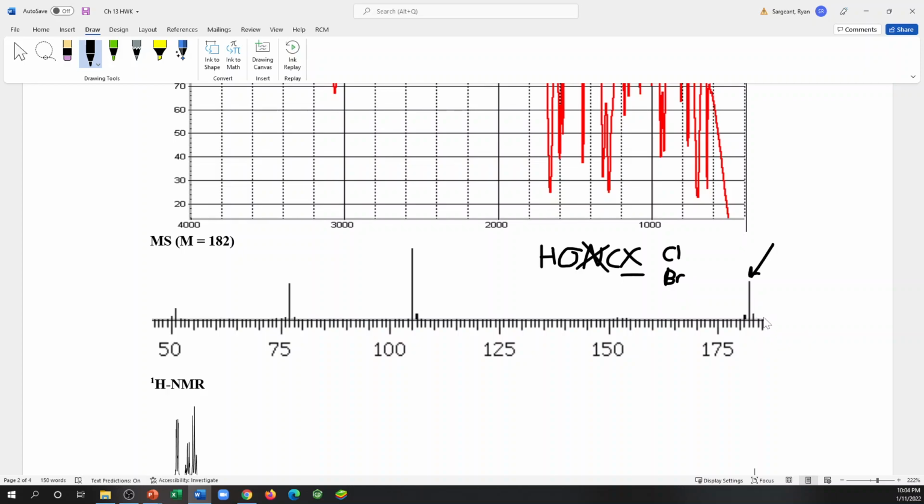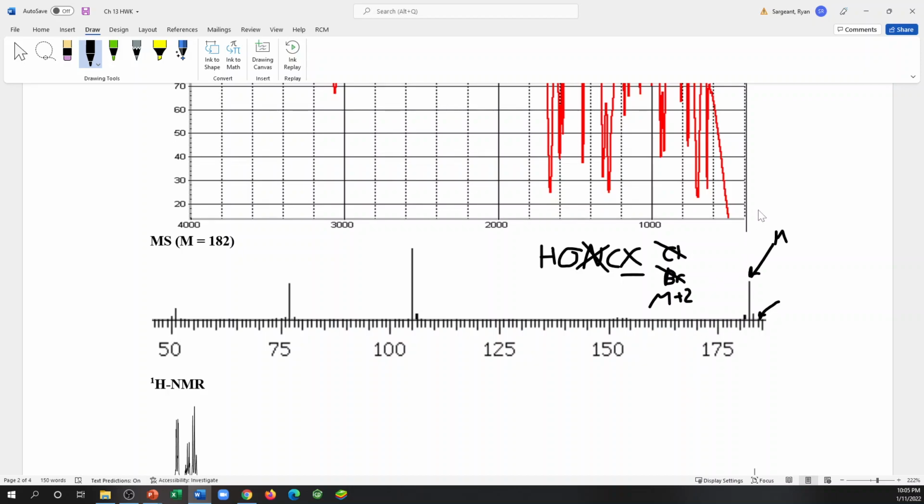And both chlorine and bromine produce what are called M+2 peaks. The molecular ion peak is referred to as the M peak, and an M+2 peak would be a peak that shows up 2 units of mass greater than that. Here, there is no significant peak 2 units of mass larger than the molecular ion peak. The absence of an M+2 peak strongly argues against the presence of either chlorine or bromine.